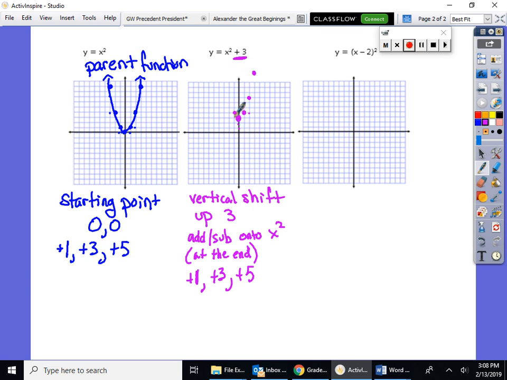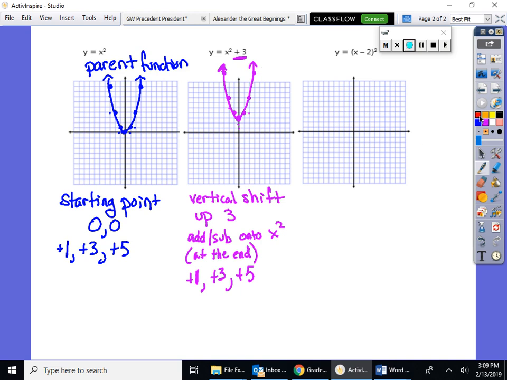Left 1, up 1. Left 1, up 3. Left 1, up 5. Notice how it makes that U shape. So that was our vertical shift, where we had plus 3 at the very end.